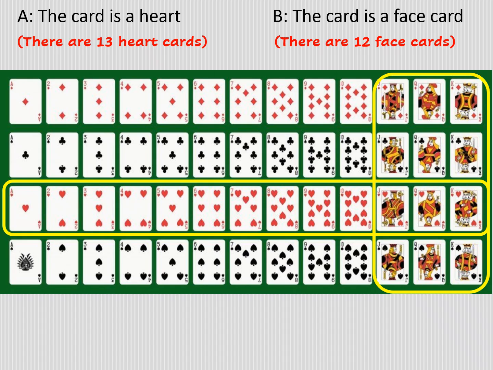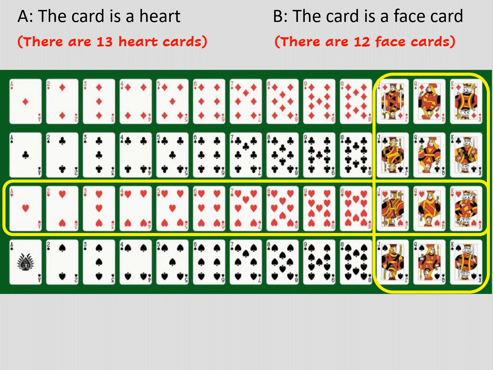There's overlap here, right? Those three cards that were circled twice with those yellow bubbles right here, those three cards, they're part of both sets. Those three cards are part of set A, event A, and they're also part of set B, or event B.